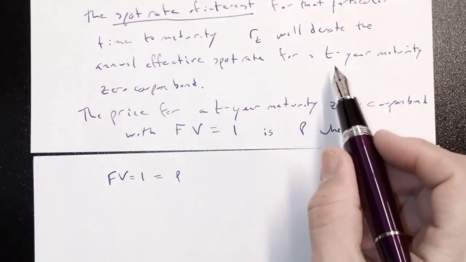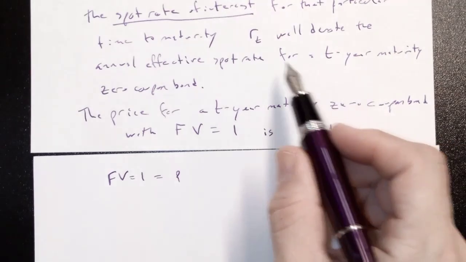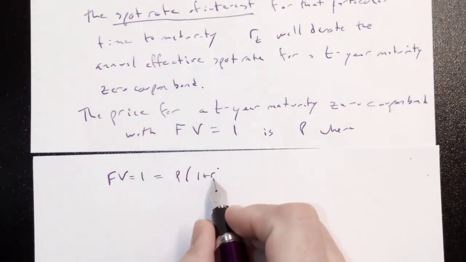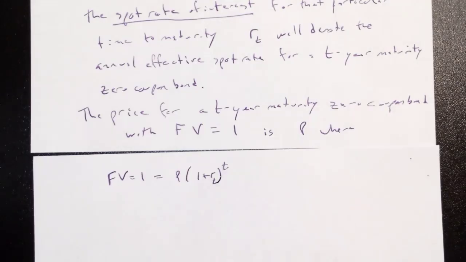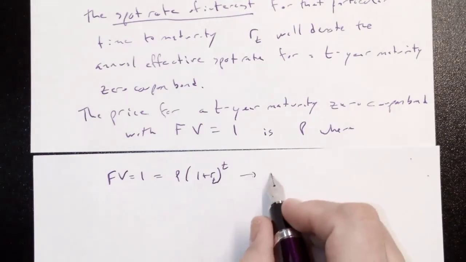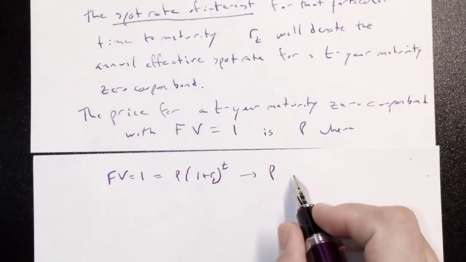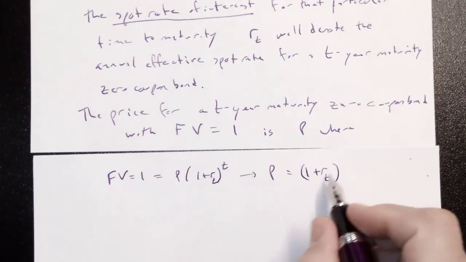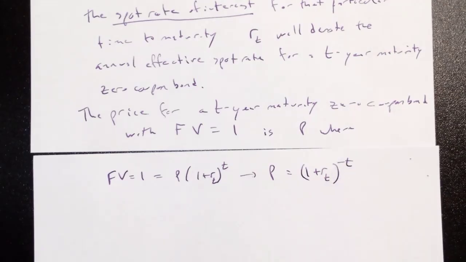Well, this is T years, right? And the rate in question is RT. Which means that my price is 1 plus RT to the minus T.